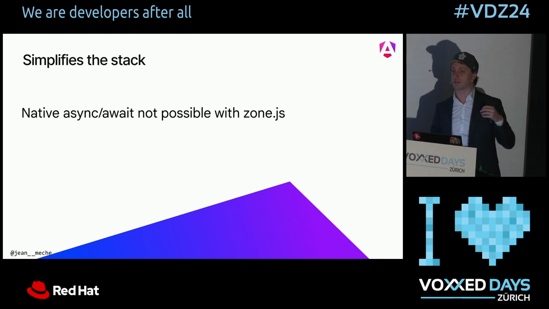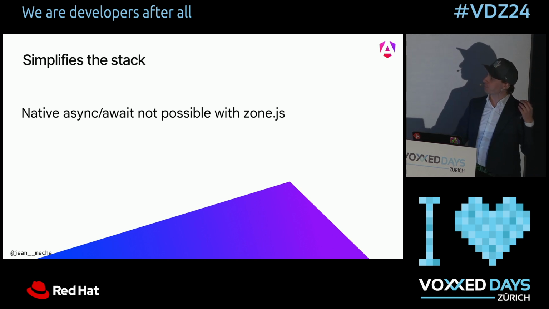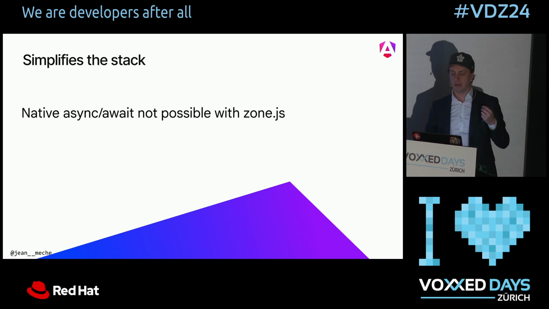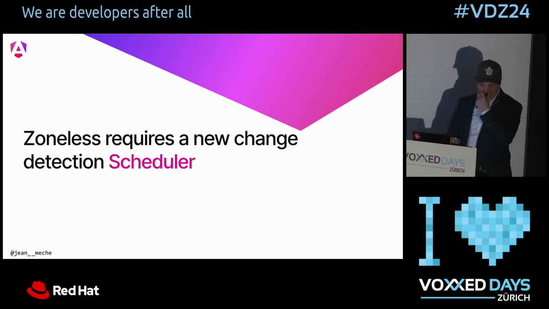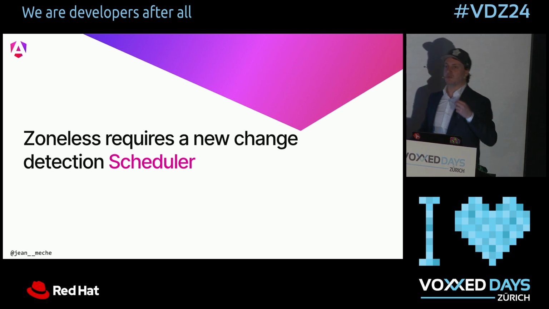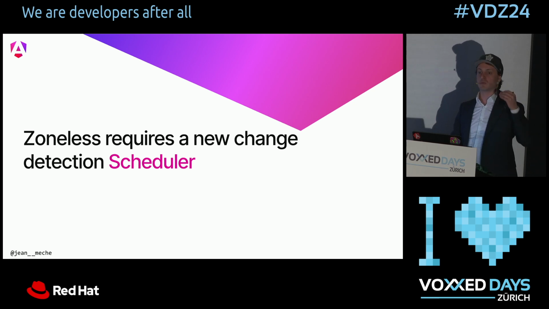So it introduces some more boilerplate code, and it's not great. So it also works for the team to maintain everything with Zone.js. So in the case we drop Zone.js, we will need a new scheduler because Zone.js was our scheduler.